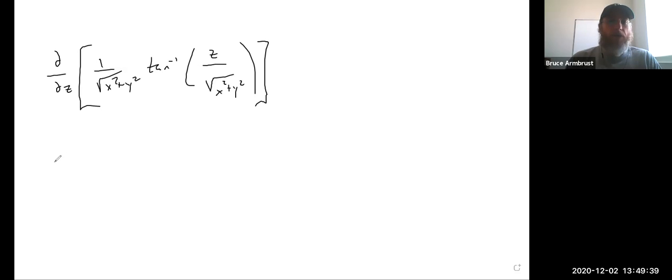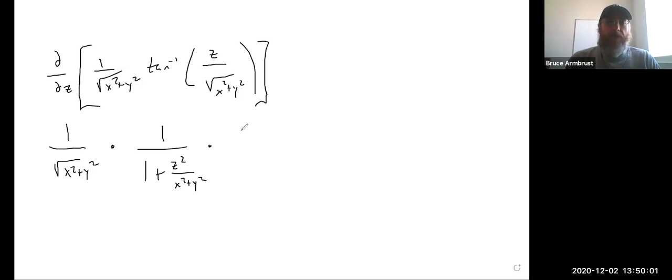So the 1 over square root of x squared plus y squared is a constant, so it just goes along for the ride. Inverse tangent, its derivative is 1 over 1 plus this thing squared times the derivative of what's inside.